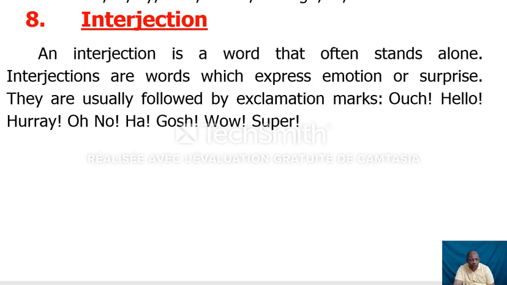And most of the time, an exclamation mark follows an interjection. And here we have some examples in front of you: super, ha, oh, hurry, whoa, and so many others.